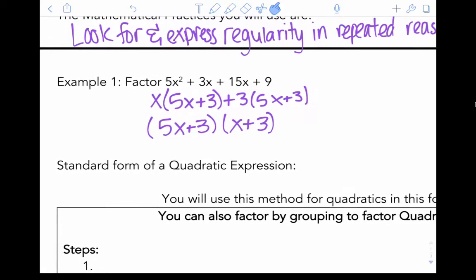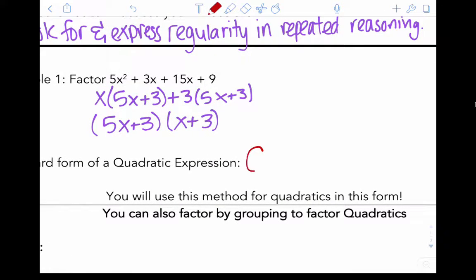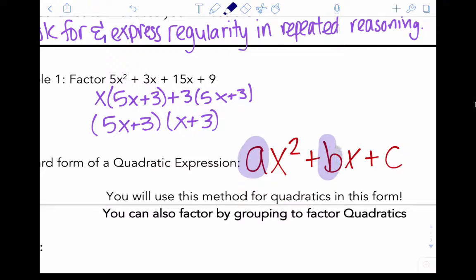So when I talk about the standard form for a quadratic expression, it looks like this. We have ax squared plus bx plus c. And so looking at this, a, b, and c are standing for numbers.